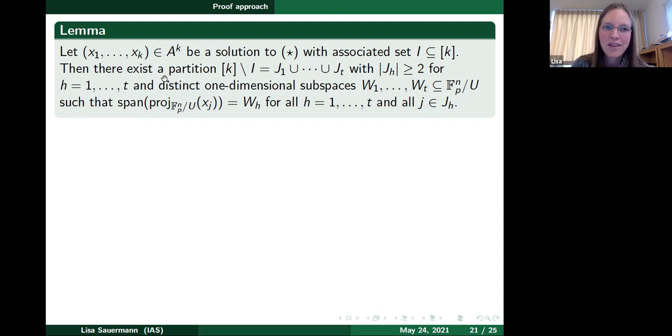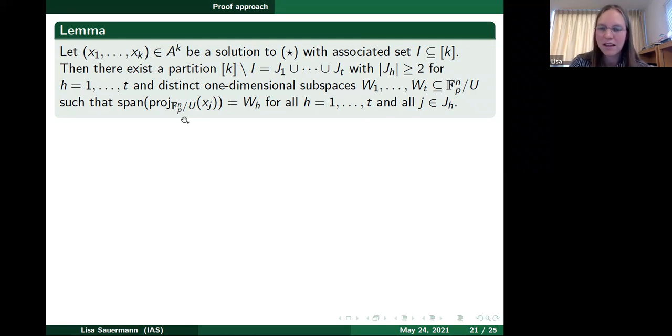Then this lemma states that there is a partition of [k] without I into sets J1 to Jt, where each of these sets has size at least 2. And there are one-dimensional subspaces W1 to Wt of F_p^n divided by U, so of this quotient space F_p^n divided by U, where U is again the span of the xi with i in I. So this is exactly the quotient space.